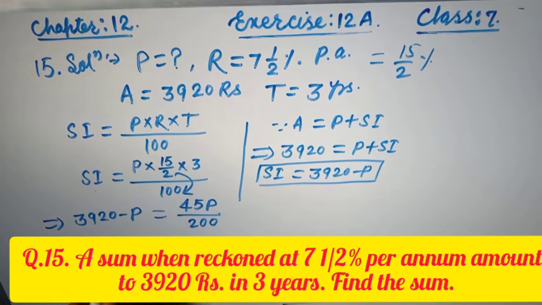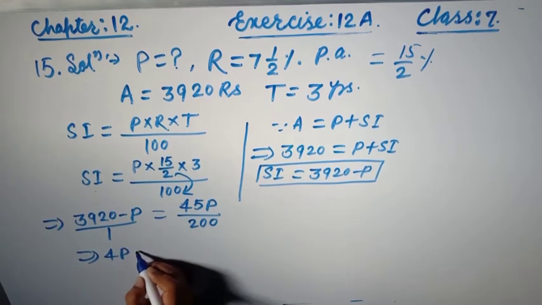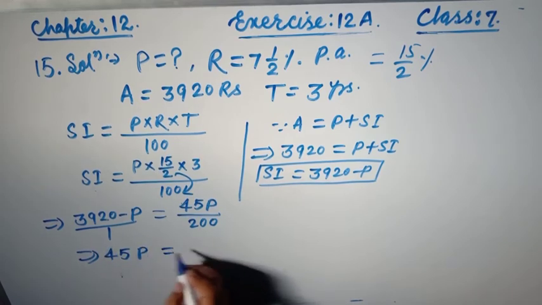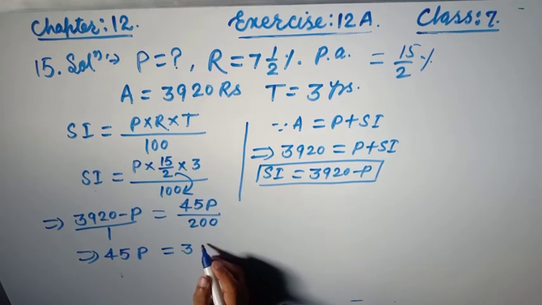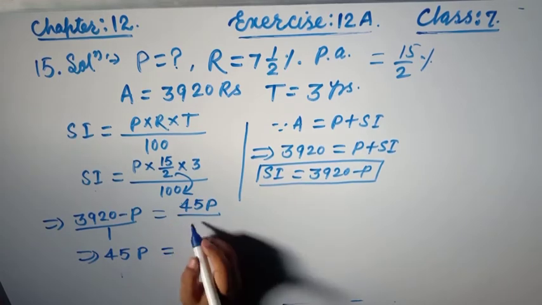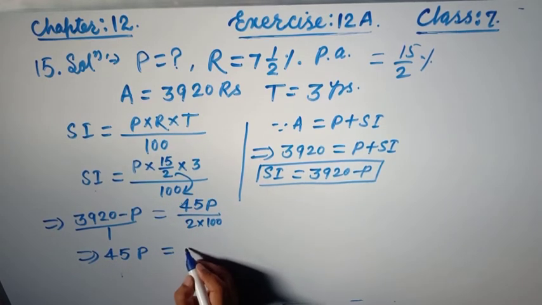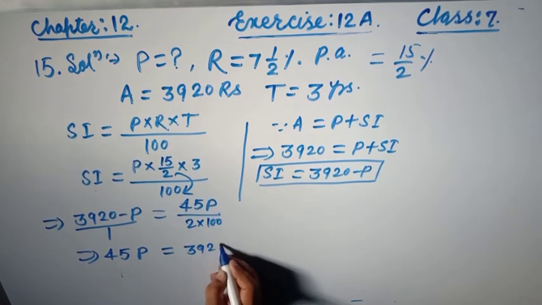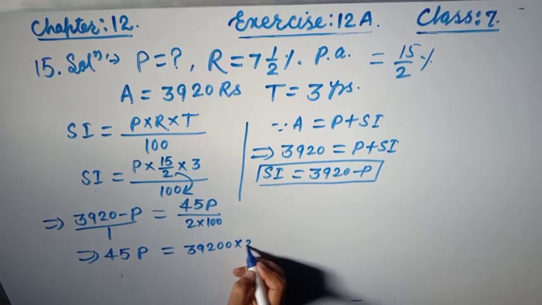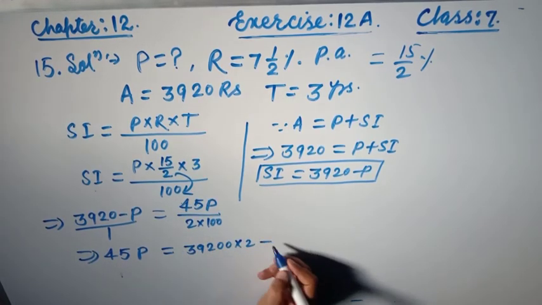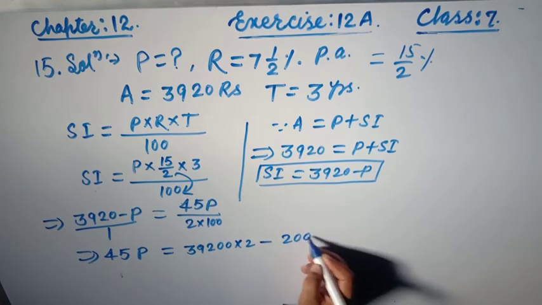So now after cross multiplication, 45 P into 1, this is 45 P is equal to 2 multiplied by 100, this is 200 multiplied by 3,920 minus 200 P.